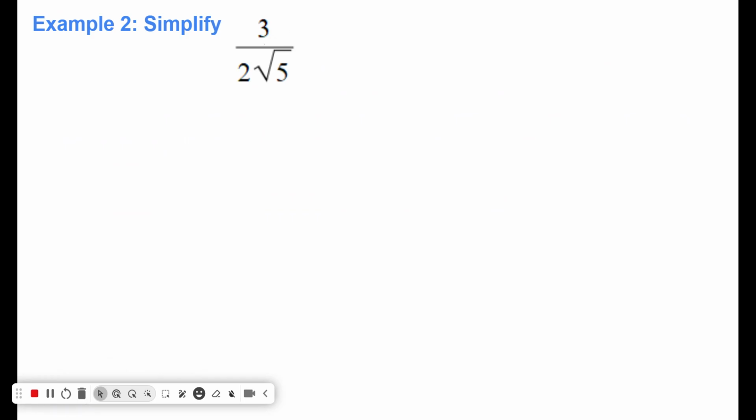Here we've got to simplify 3 divided by 2 times the square root of 5. This is a monomial because they're just being multiplied together. They're all together. There's no other operation there. 3 over 2 root 5. So what we need to do is multiply both sides, top and bottom, by the square root of 5.